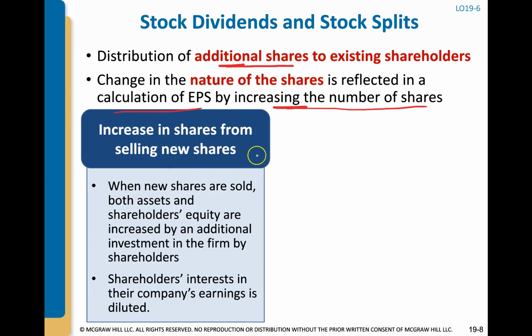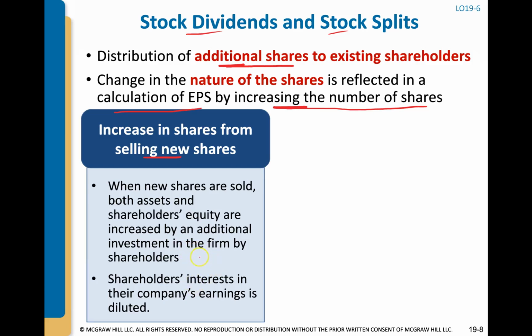Let's quickly do a side-by-side comparison of increasing our shares by selling new shares versus increasing shares by distributing stock dividends or having a stock split. When we increase shares by selling them, shareholders' equity is increased by an additional investment in the firm by shareholders.